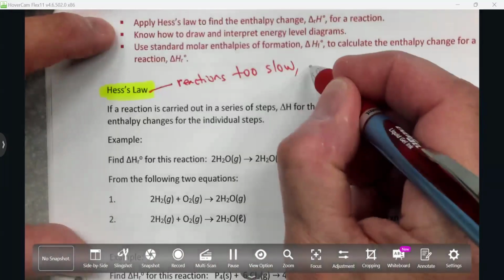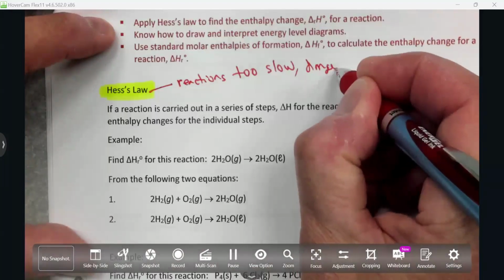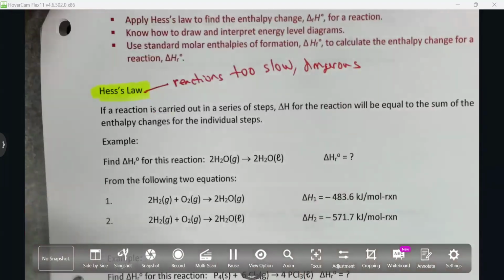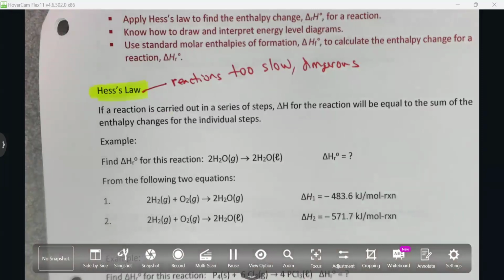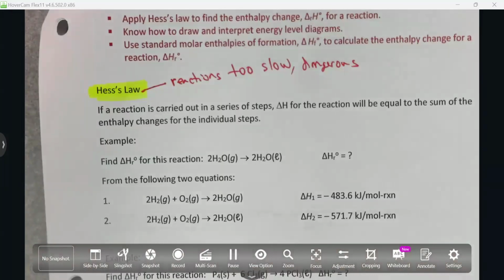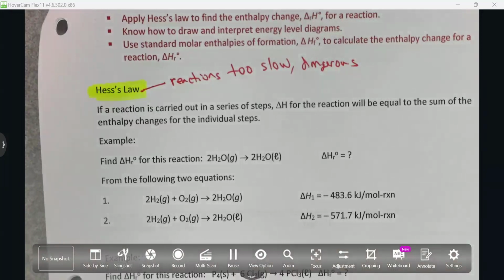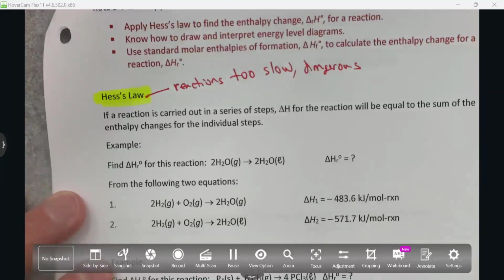We're going to do that in lab in 2 weeks, not the next lab, the week after that. Next week's lab, we're doing gas stoichiometry, but we are doing Hess's law the week after that.